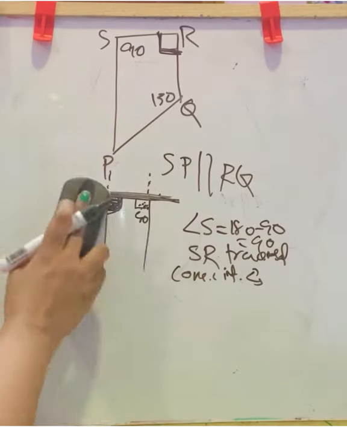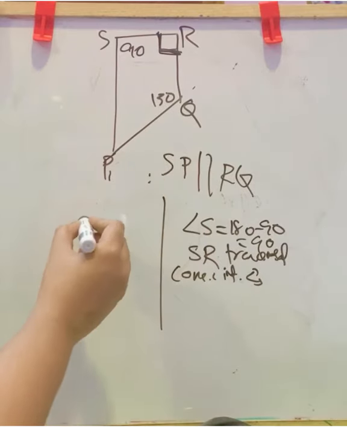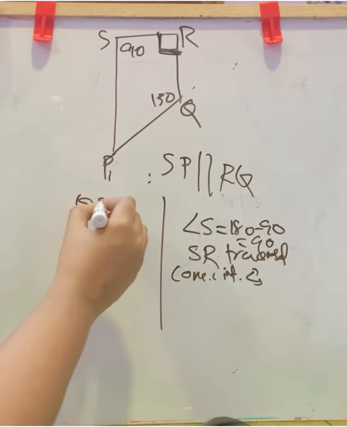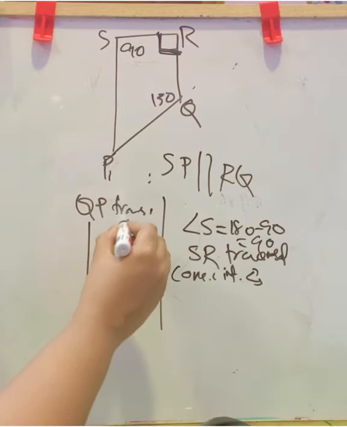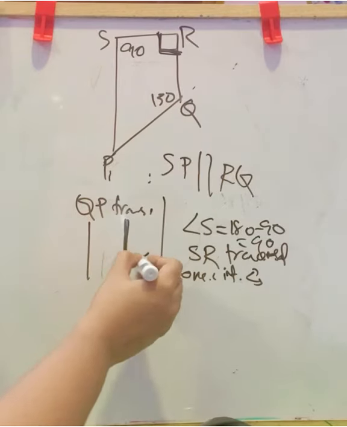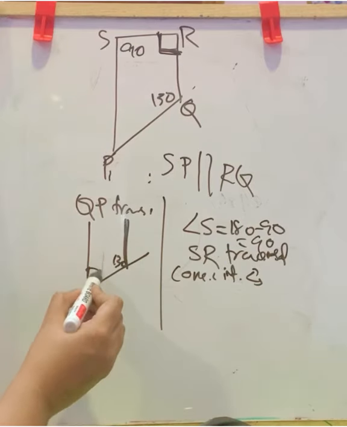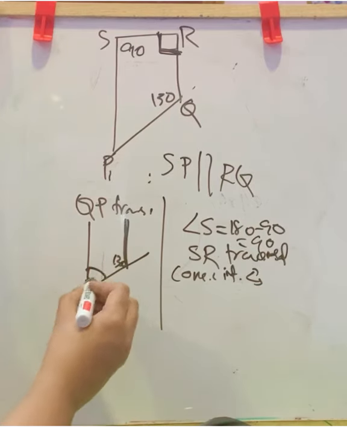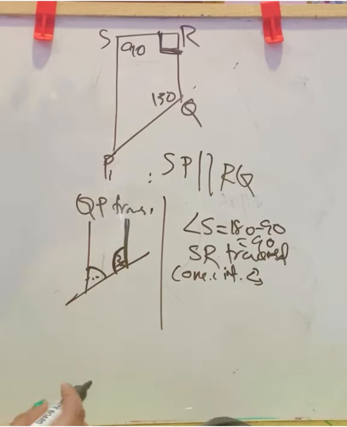Now next, consider this transversal, that is QP transversal. Now you have two parallel lines, and one transversal is falling like this. This is 130. Again, this will be an interior angle and that is a consecutive interior angle. Interior angles on the same part of a transversal.